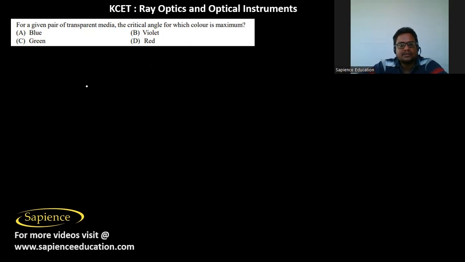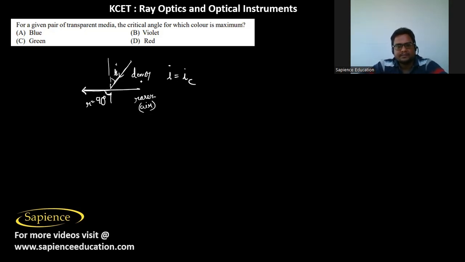So we know that for critical angle, if the angle of incidence is i, and the angle of refraction is 90 degree, when the ray goes from a denser medium to a rarer medium, let's say air, then this angle of incidence i will be called the critical angle for this given pair of optical media.